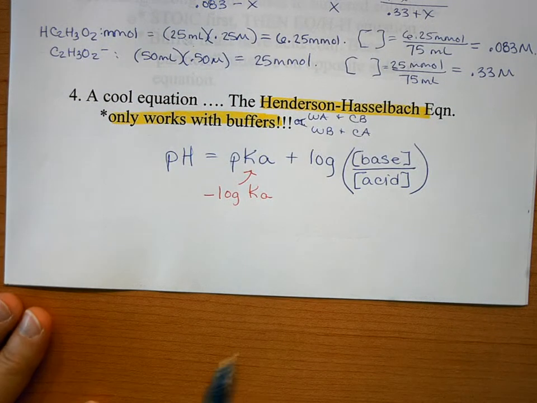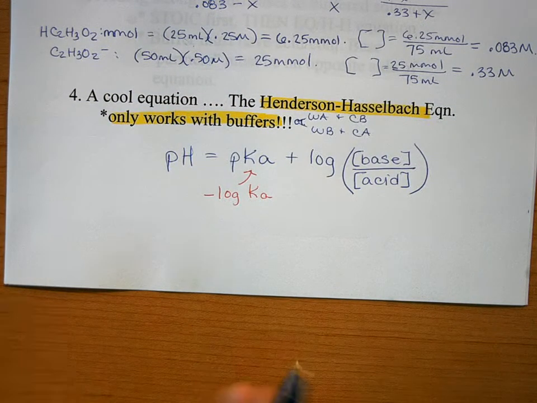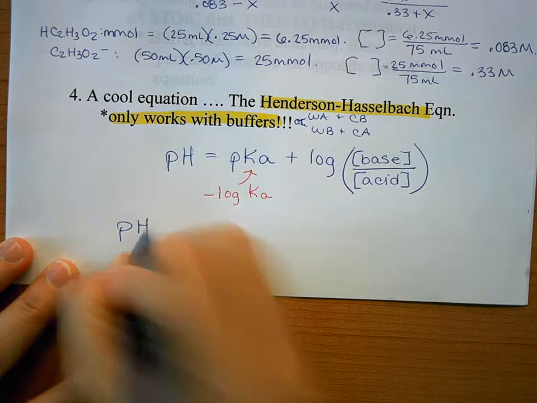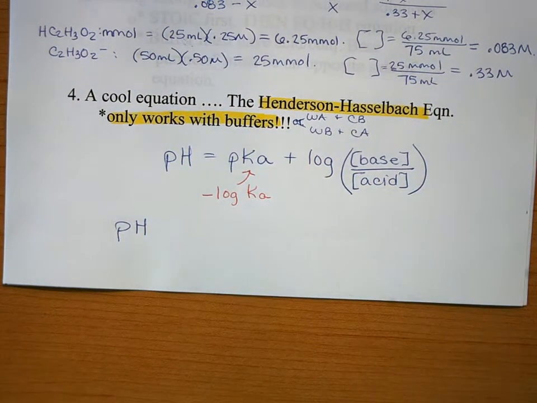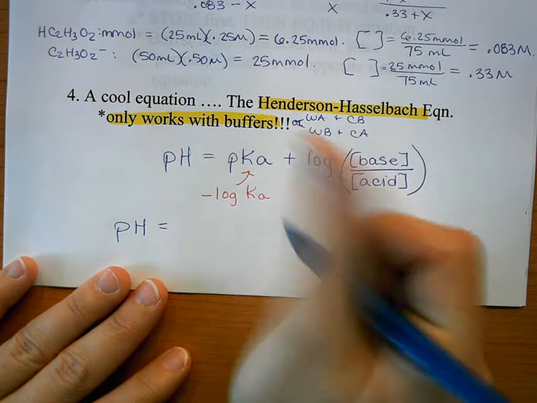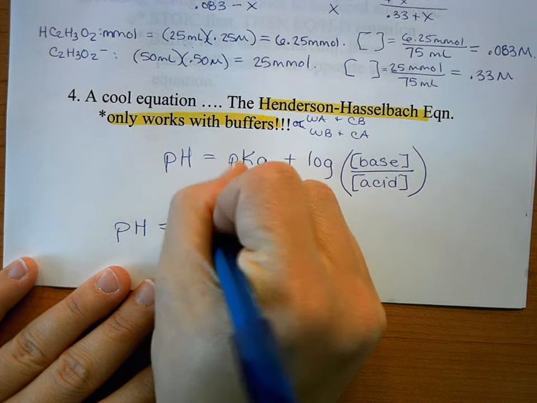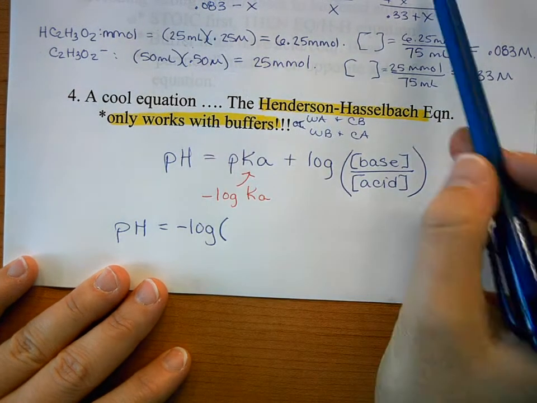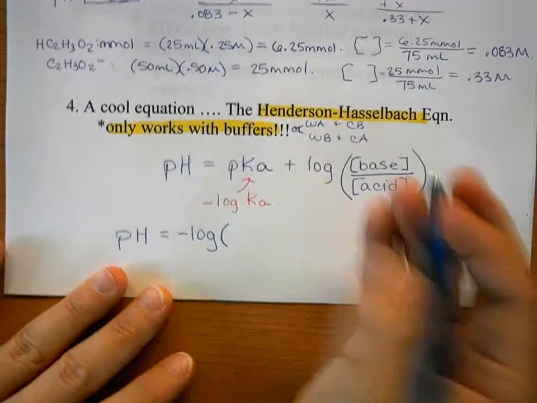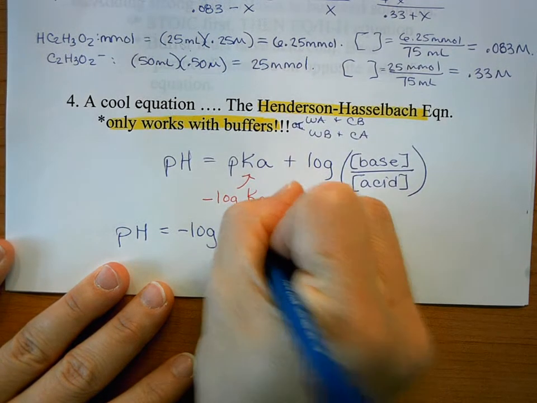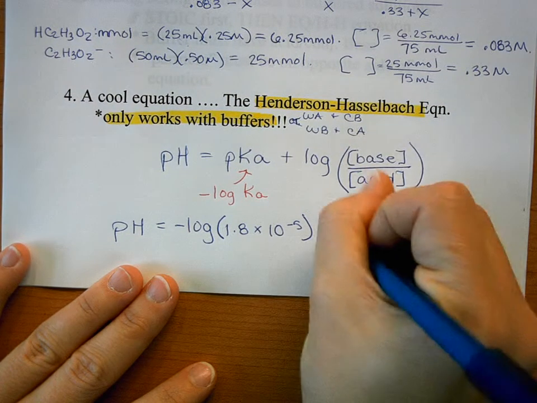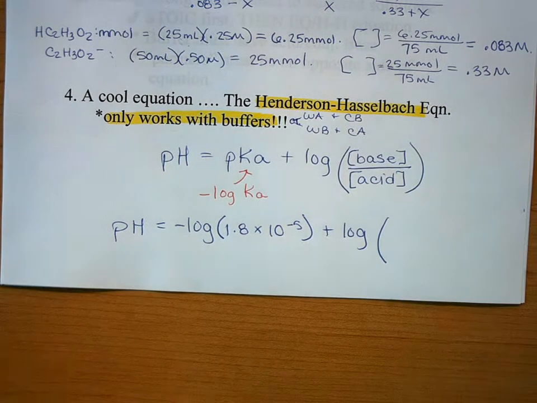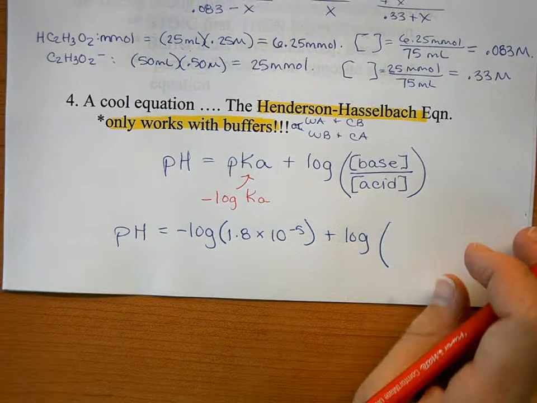If we take a look at our previous example, number 3, and use the Henderson-Hasselbalch equation to solve for that, I would take pKa, which is the negative log of my Ka value for acetic acid, 1.8 times 10 to the negative 5, plus the log of the concentration of the base over the concentration of the acid, and we're talking about initial concentrations here.